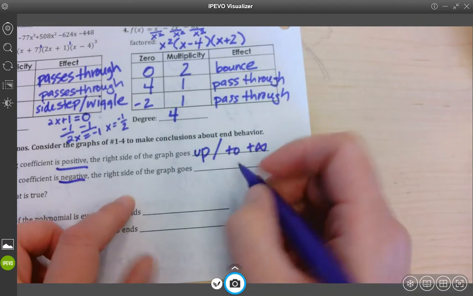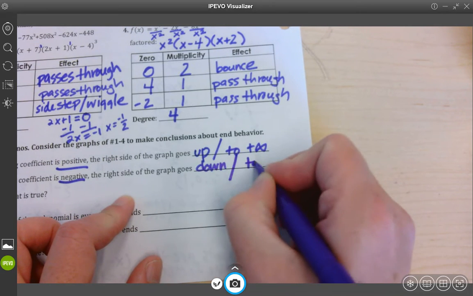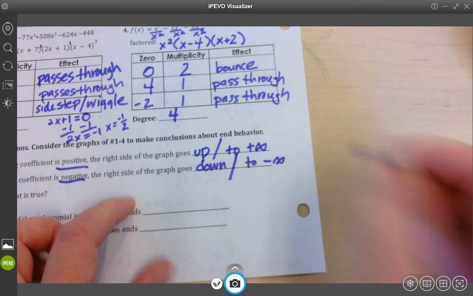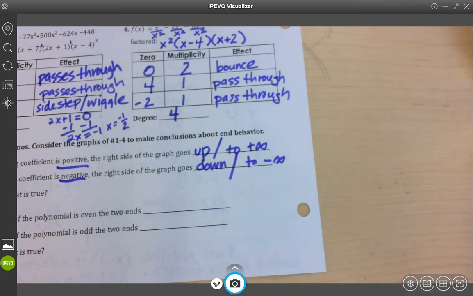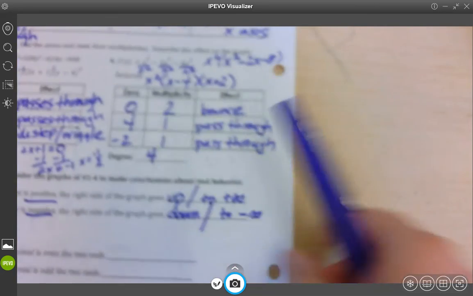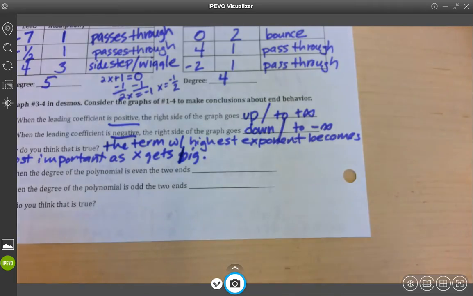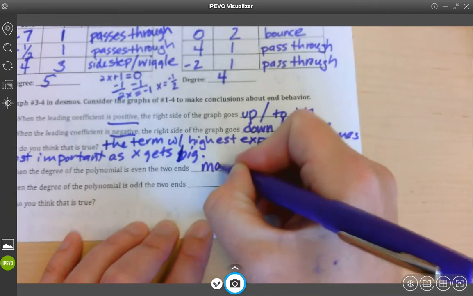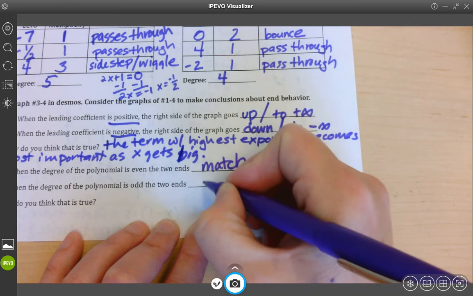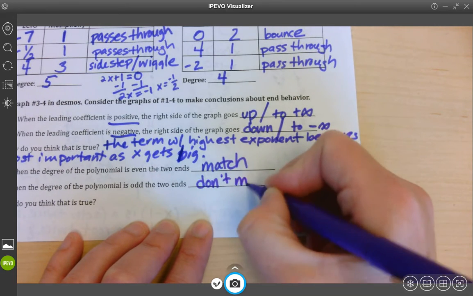Negative is down or to negative infinity. All right, let's put this down. I'm going to say that they match, the two ends match. So both up or both down. And this one they don't match. So you have one up and one down.